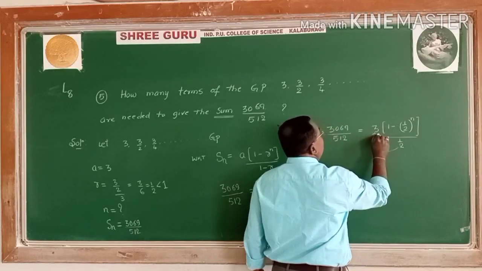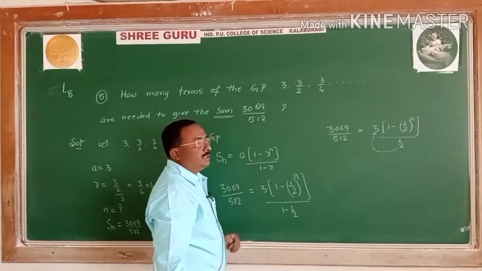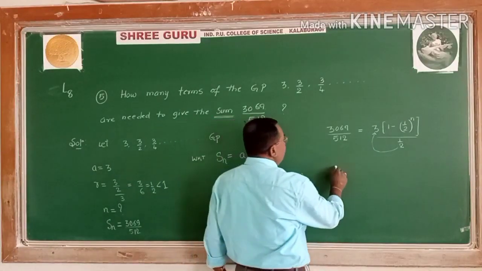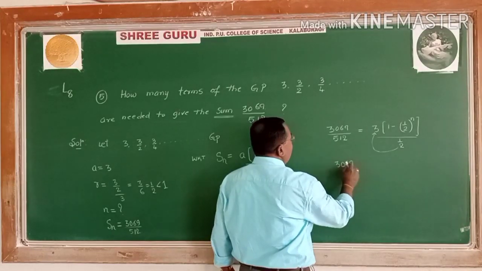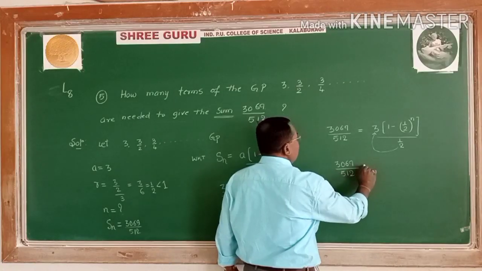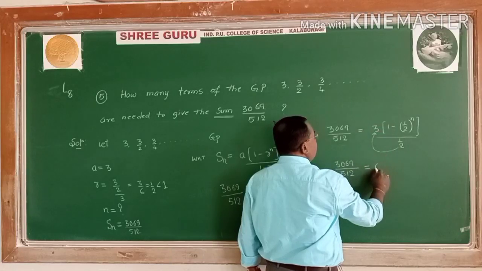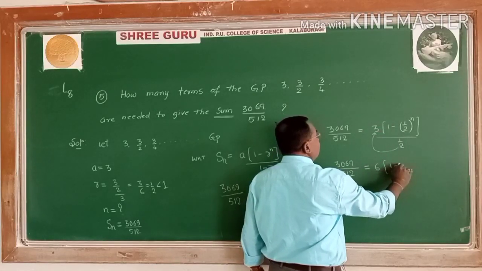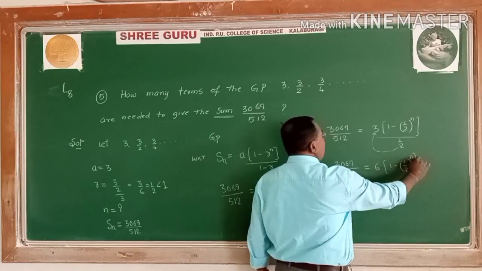Taking it up, 3069 divided by 512 is equal to 2 into 3, which is 6, times 1 minus 1 by 2 whole power n.